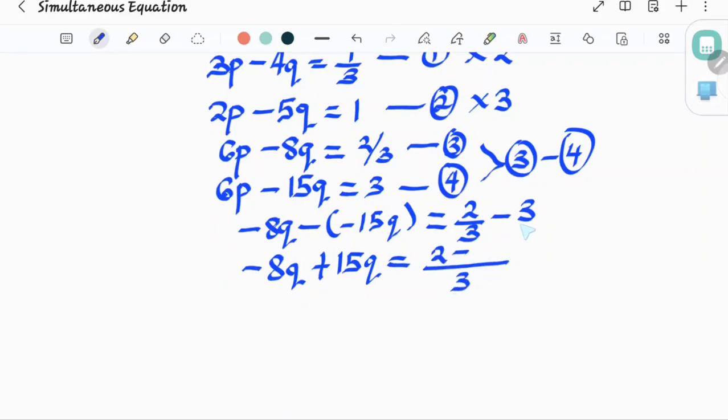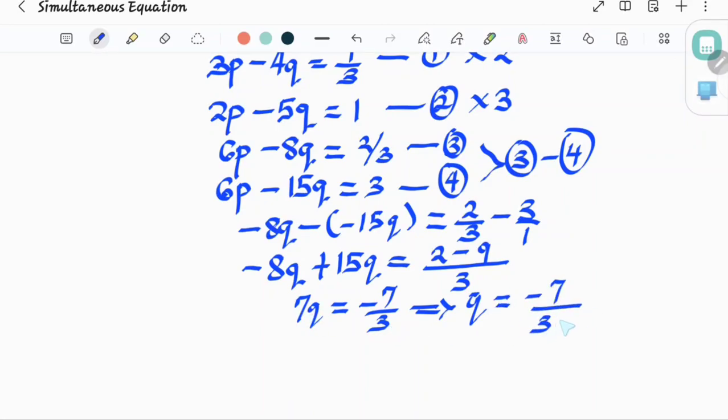So we have 2 minus, this is over 1 and 3 is 3, so that's 9. So minus 8q plus 15q gives us 7q equals 2 minus 9, that's minus 7 over 3, which is also going to give us q equals minus 7 all over 3.